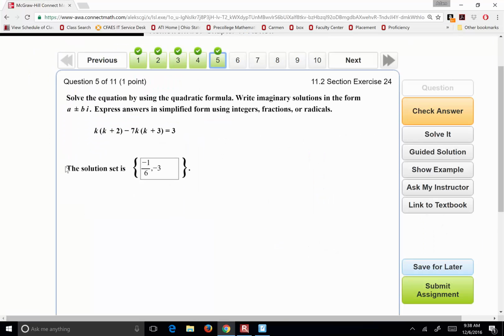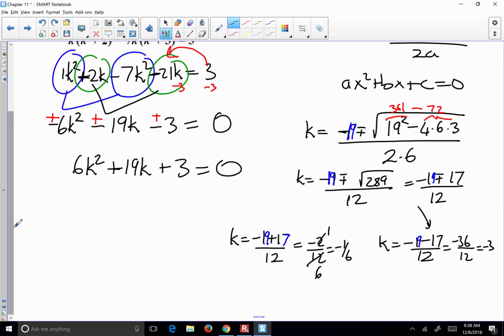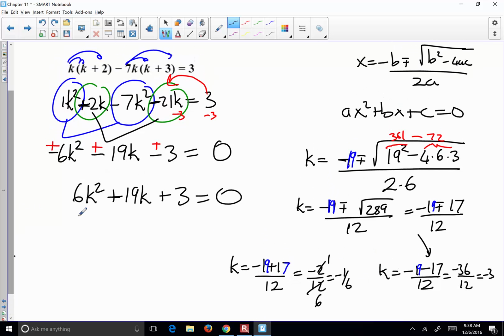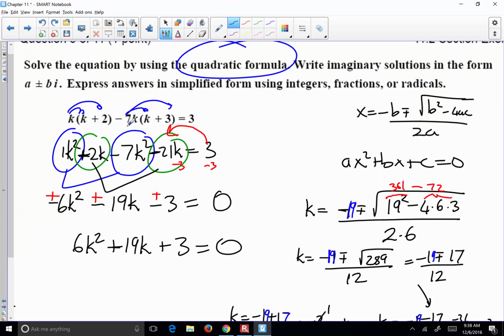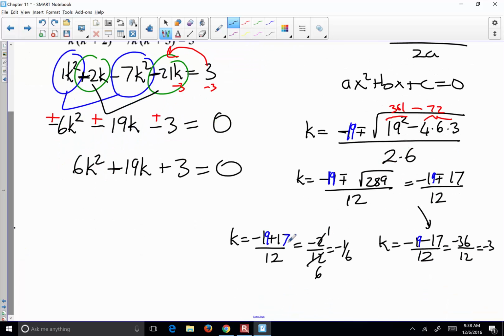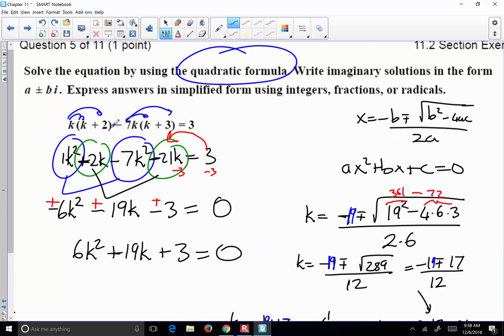There's one way to check this before entering Connect Math. You can enter these values into the equation and see if it makes it correct. Putting -1 in and checking it is really difficult, but you can at least do it for -3. You can enter -3 here and see if you get this answer justified, if you wish.